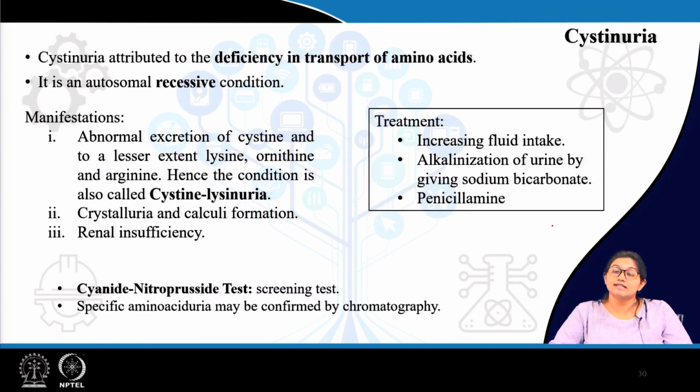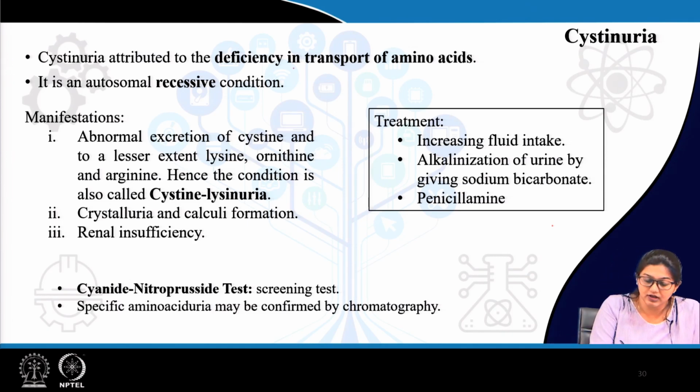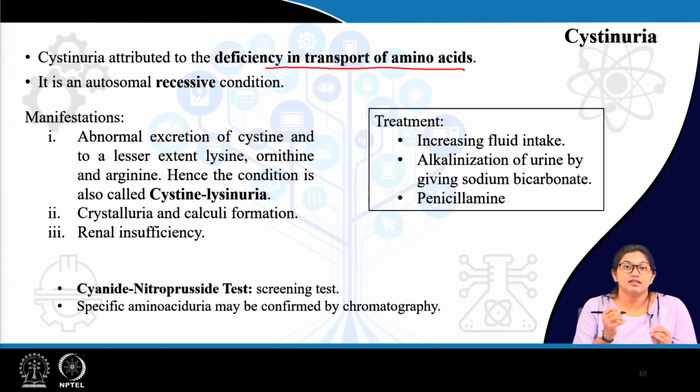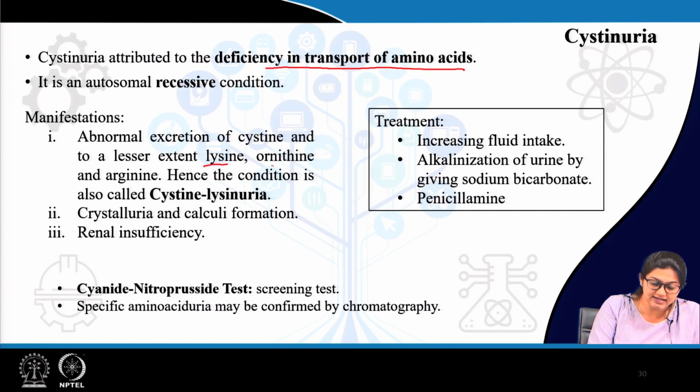Then we are coming to cystinuria. Here cystine will be excreted in urine, and the defect is in different transporters of amino acids. Remember, these amino acid transporters transport cystine as well as a few other amino acids like lysine, ornithine and also arginine.